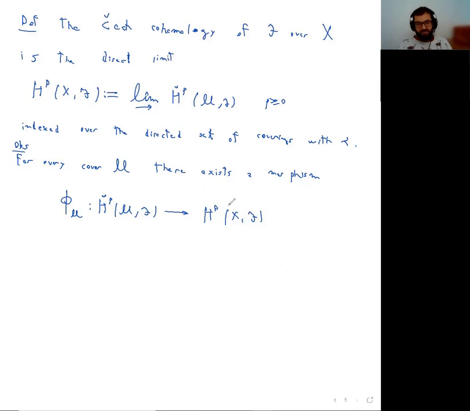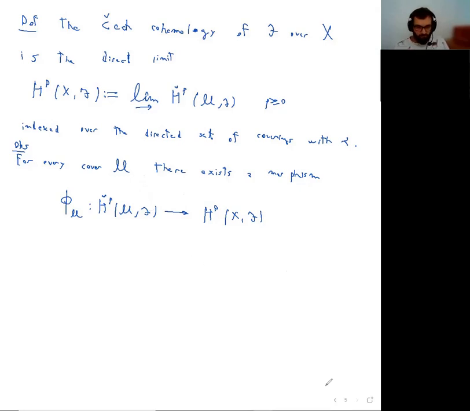So not only this, but every element here of the direct limit can be represented in one of these groups. Yeah, this is the property of the direct limit. So every element here admits a U and an element in H-hat^p(U, F) which maps to the element. So everything is represented in one of these.